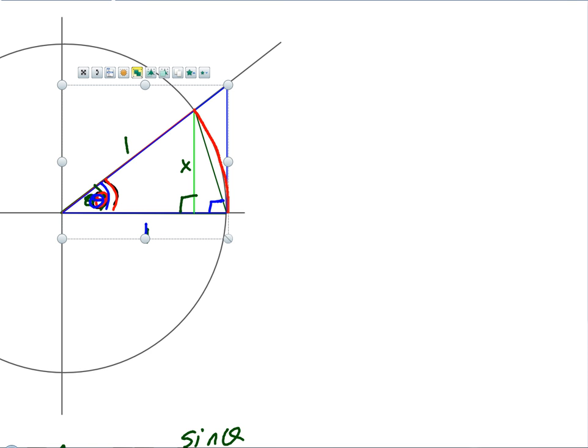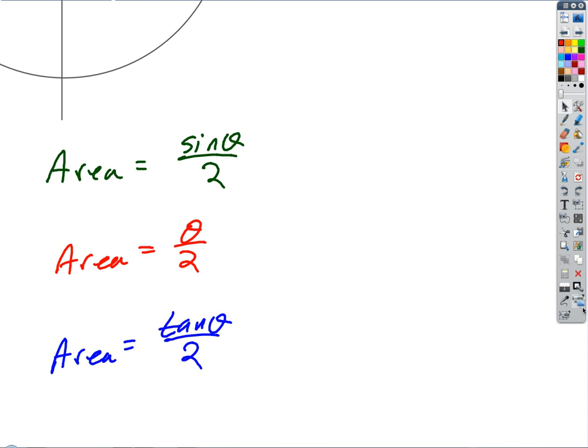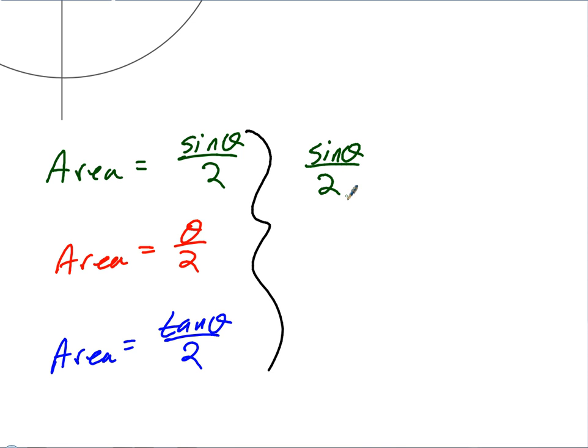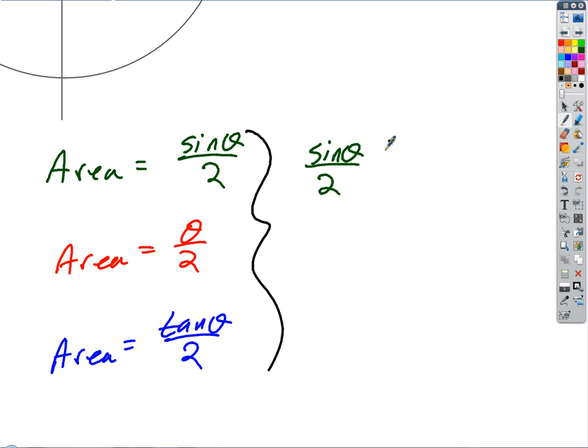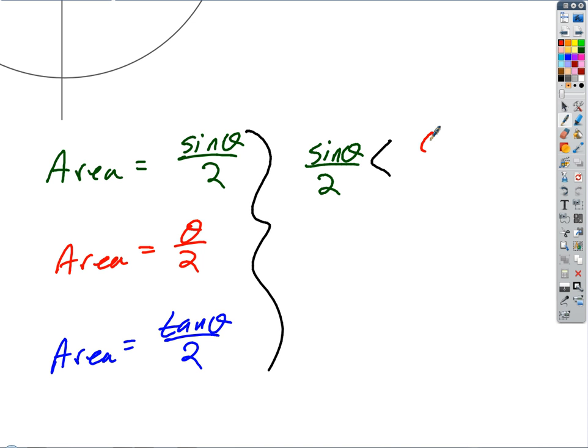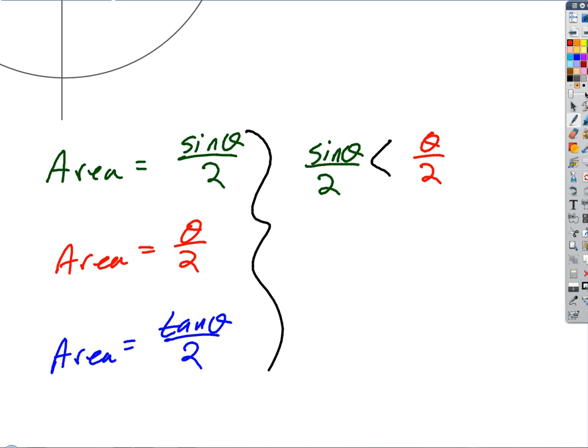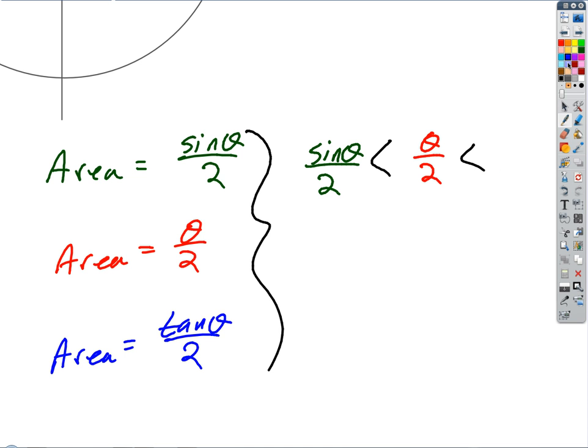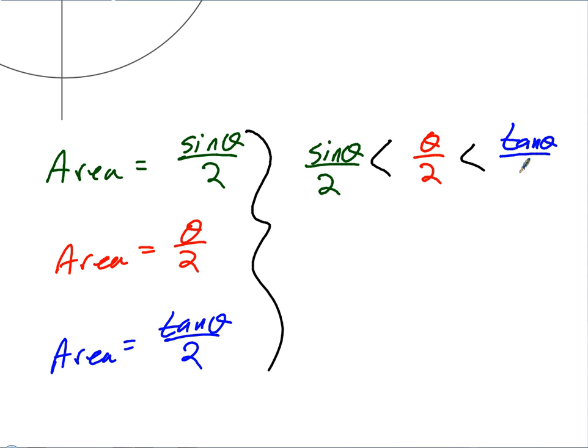Okay, so then let's look at these. We can order these areas like this. We could say sine theta over 2 is the least, theta over 2 is the middle, and here's tangent theta over 2.